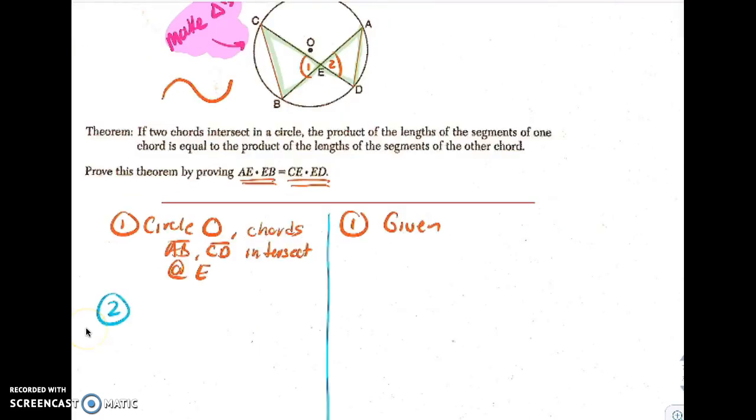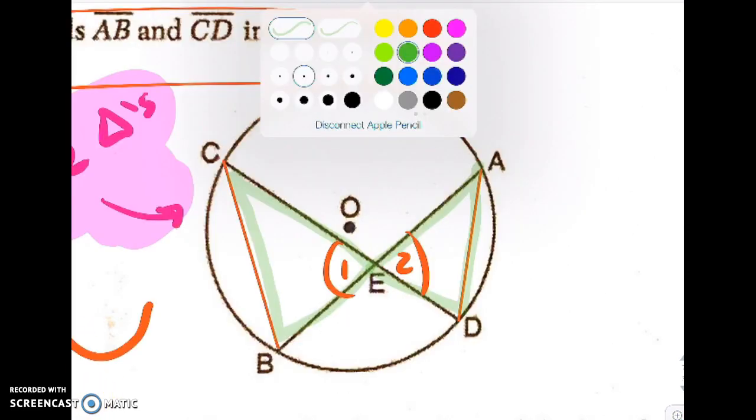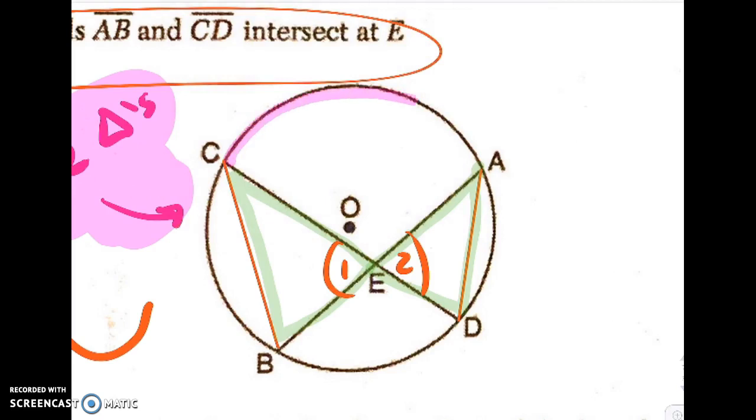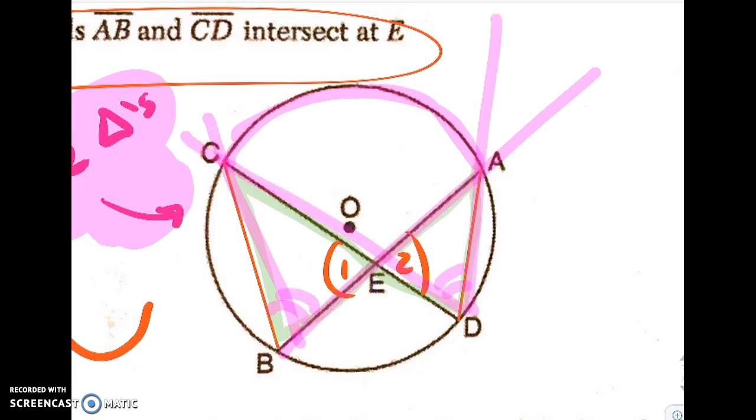So then we have angle 1 is congruent to angle 2, because those are vertical angles. Now watch this. See this arc up here? This angle comes from it, but so does this angle. So you could now say angles 3 and 4 are congruent because they are inscribed angles from the same arc.